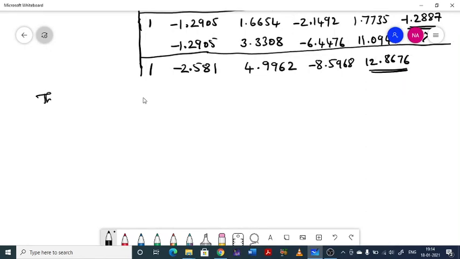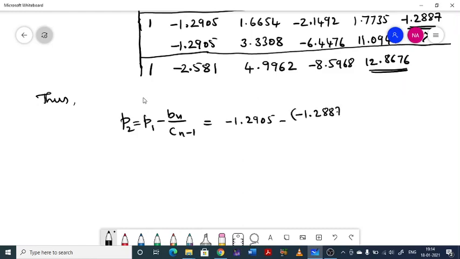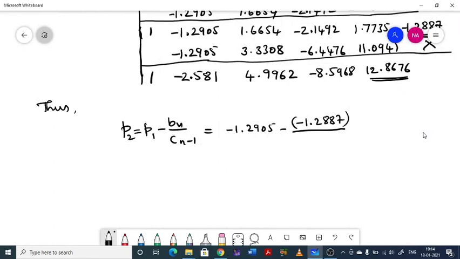Thus P2 equal to, that is P1 minus Bn divided by Cn minus 1. Substituting values, we get minus 1.2905 minus of minus 1.2887 divided by, what is that, 12.8676.